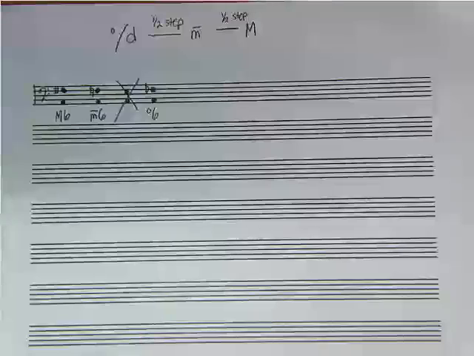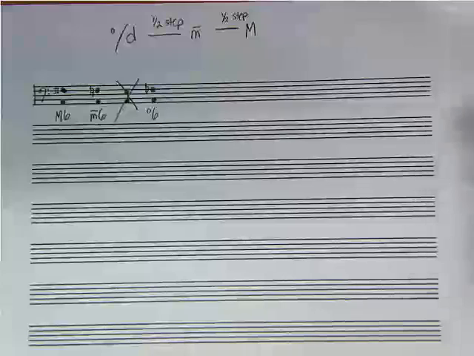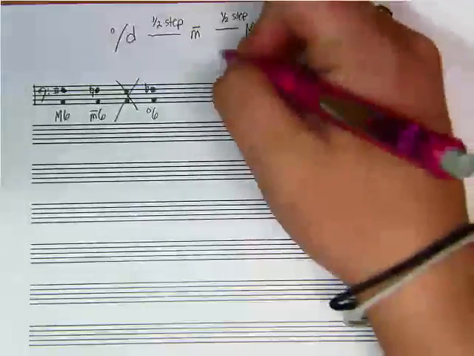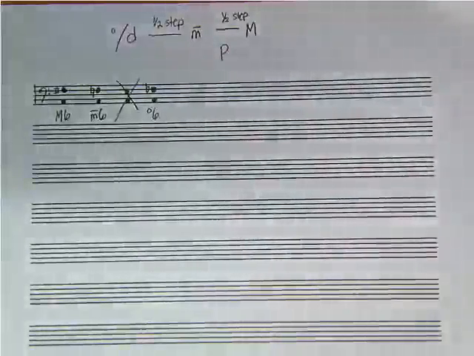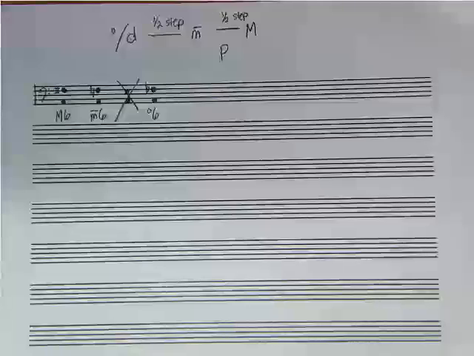Now, you can also get to diminished intervals from a perfect interval. And this process is very, very similar. But remember that perfect intervals can never be major and they can never be minor. So if you make a perfect interval smaller, you're not going to get a minor interval. That can never happen. So perfect is kind of in between where major and minor are because it kind of substitutes for both.